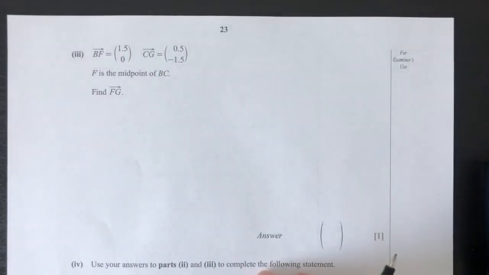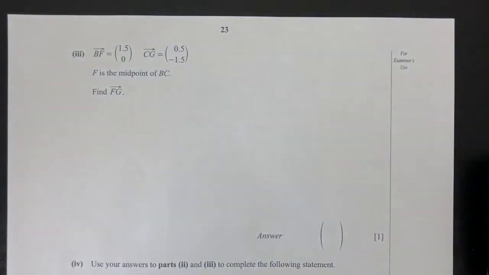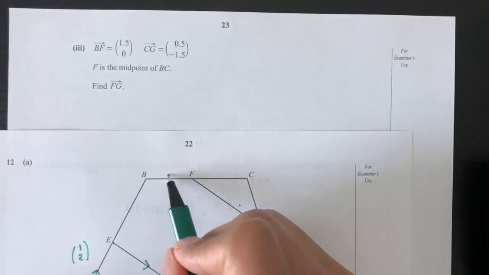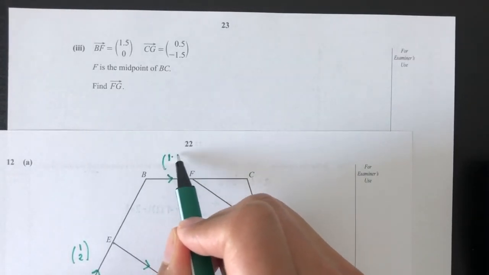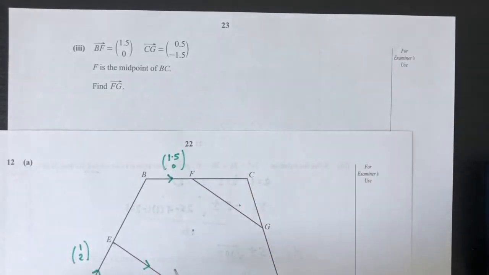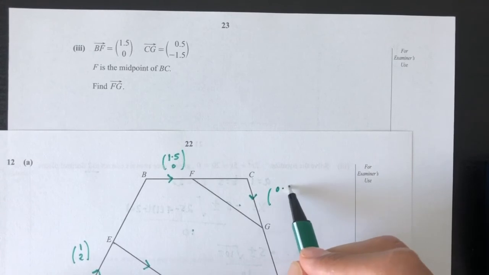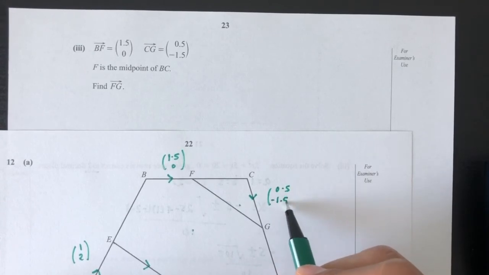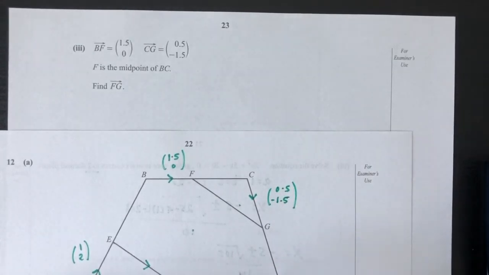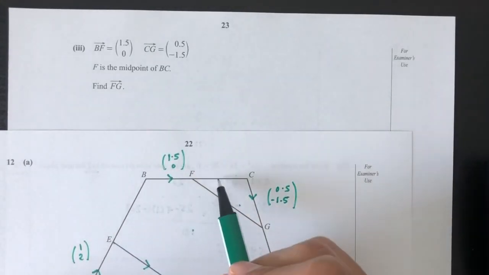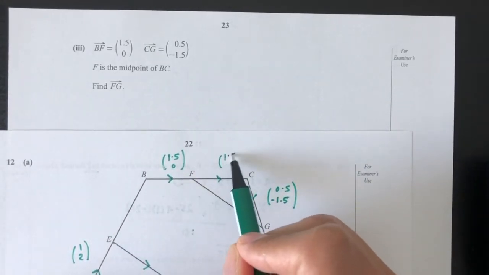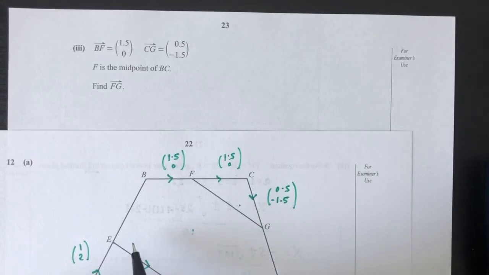So let's move on to part 3. It says BF equal to (1, 2), that is BF, which is (1, 2). And CG, where is CG? This one is CG, is given by (0.5, minus 1.5). That's the CG. F is the midpoint of BC, so which means this one is also (1, 2). Find FG.